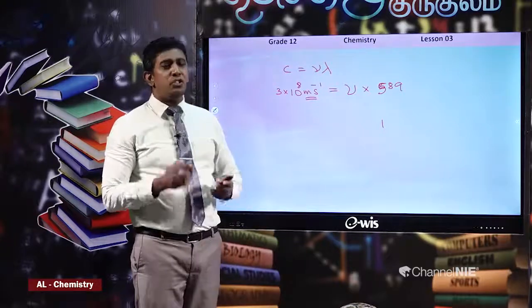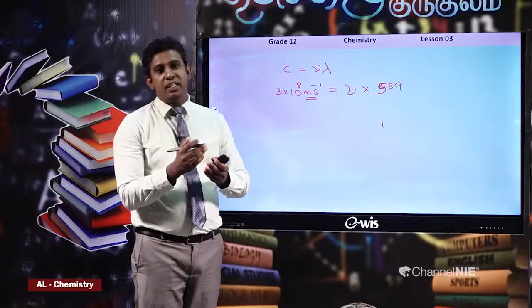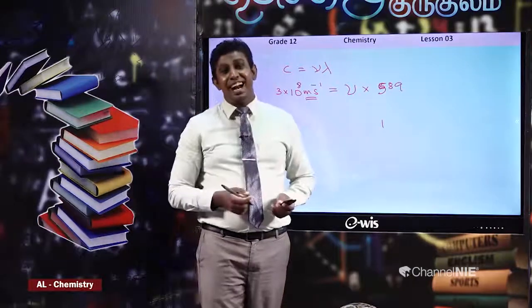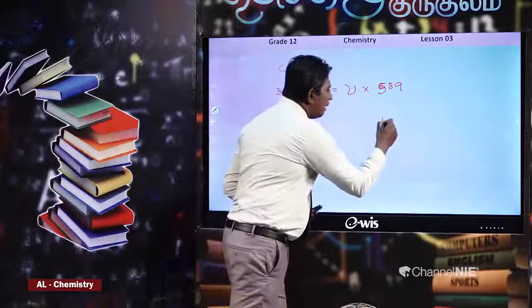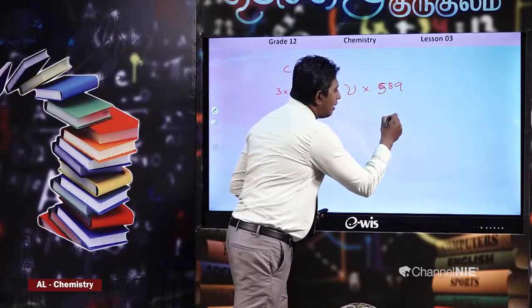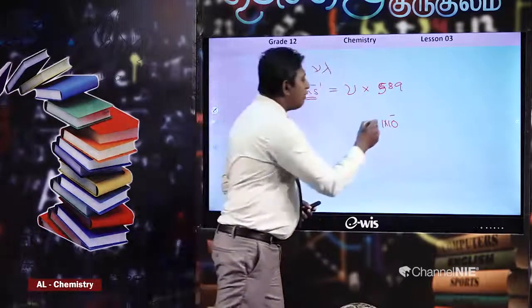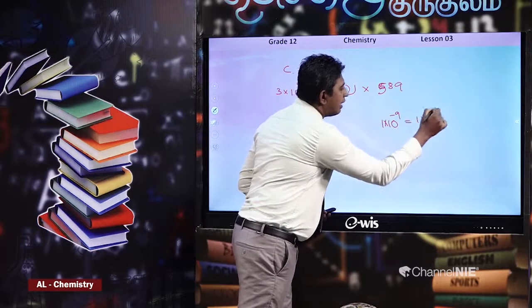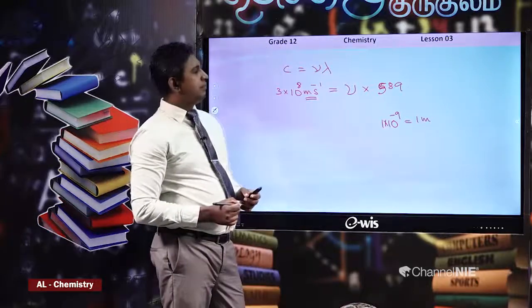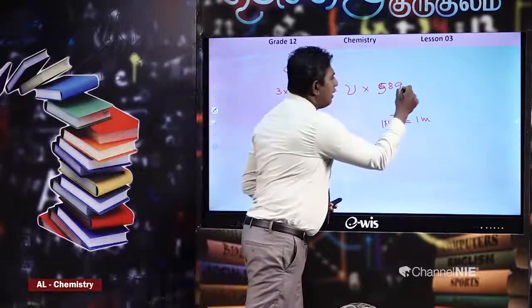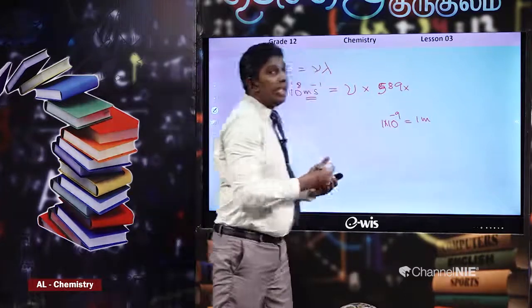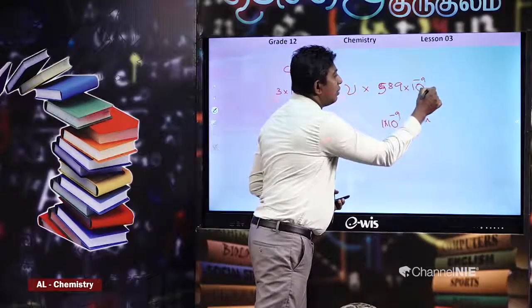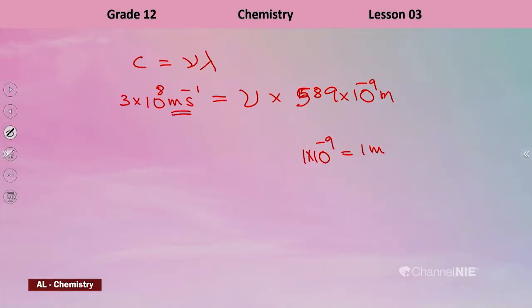So students, you need to transform those nanometers into meters. How could you transform nanometers into meters? You multiply 1 nanometer by 10 to the power minus 9, and it would be equal to 1 meter. So let's multiply this 589 by 1 into 10 to the power minus 9 to transform that into meters.